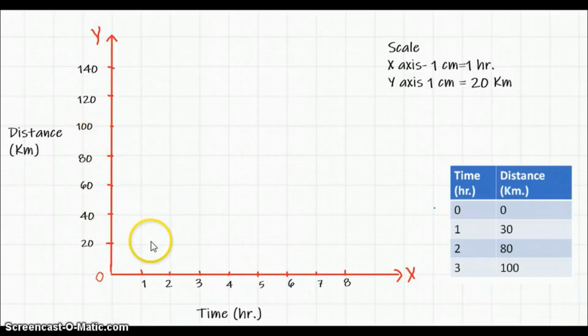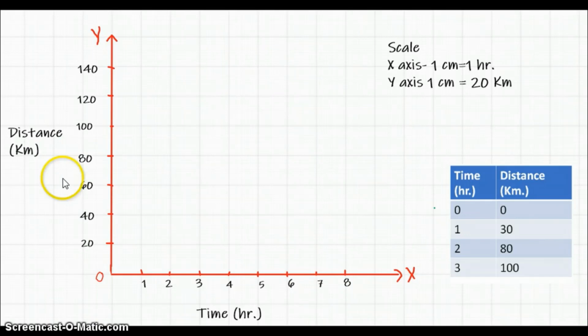Now you have to decide the quantity to be shown on the x-axis and the y-axis. Like here I am showing time on the x-axis and distance on the y-axis. So I will write time in hours below the x-axis and distance in kilometers along the y-axis.